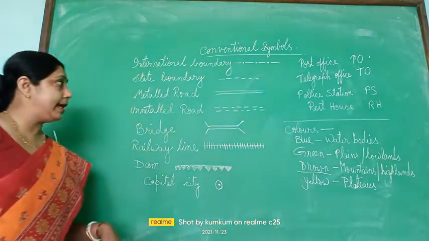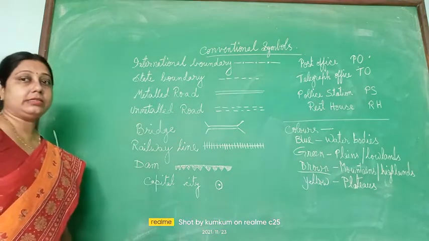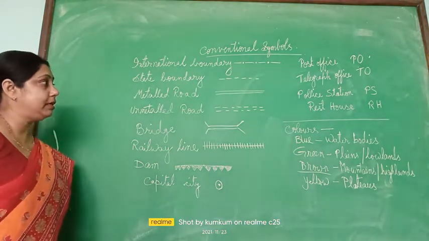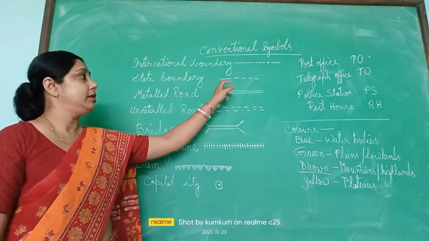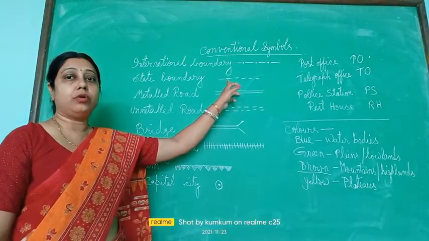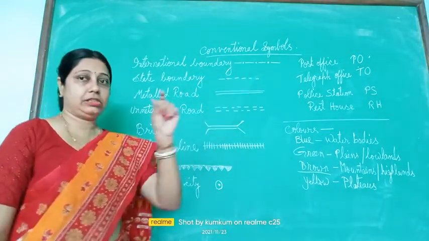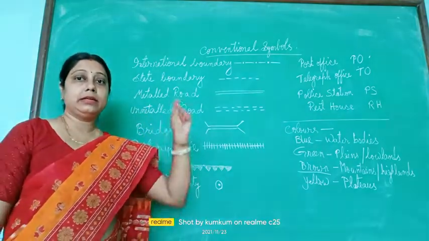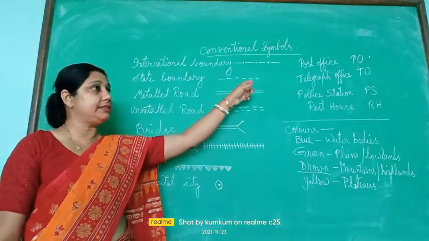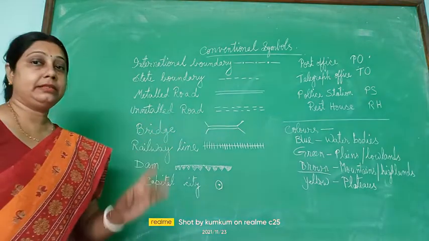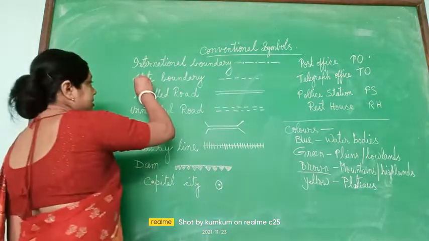The symbols like the state boundaries, in a political map especially, you can see the state boundaries. They are shown with small dashes, small hyphens, keeping a gap, like this. You can draw a minimum length and you can depict the state boundary.